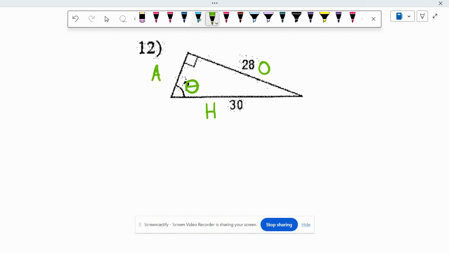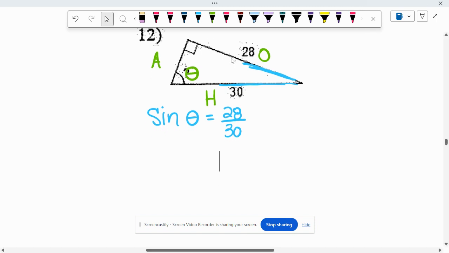Perfect. Naomi, what trig function uses the hypotenuse and the opposite? Sine. So the sine of theta equals the opposite over the hypotenuse. What do I need to do for that, Naomi? Help out, Josue. I'm trying to find an angle. What do I need to do?